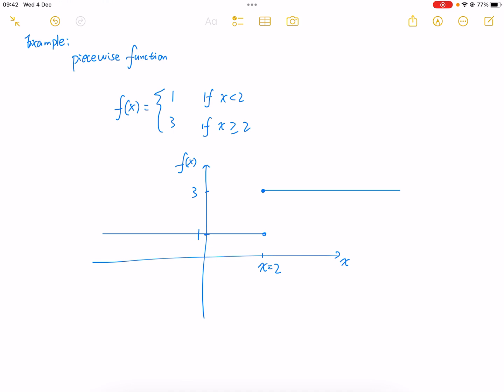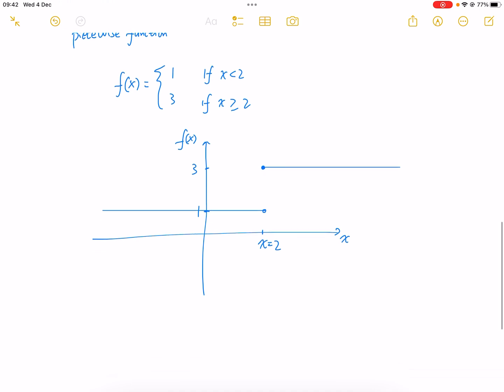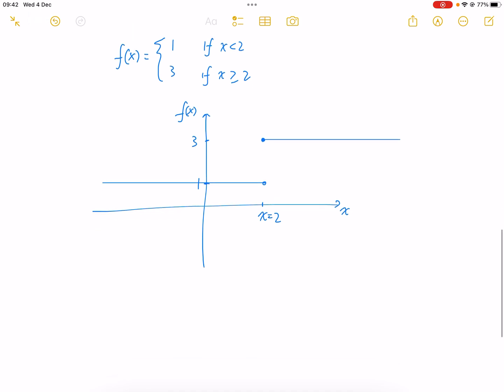Okay, this is the graph of the function with a visible jump at x equals 2. At x equals 2, the left-hand limit is 1 and the right-hand limit is 3, and the function itself takes the value 3. The function jumps from 1 to 3 at x equals 2. So we have a jump discontinuity.